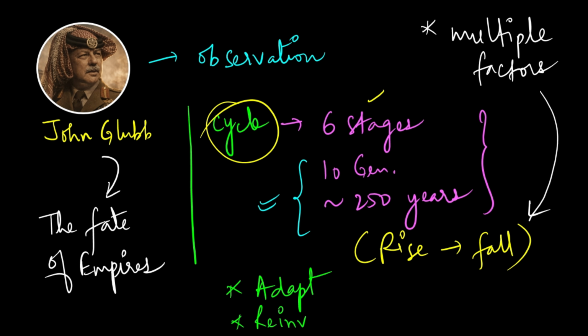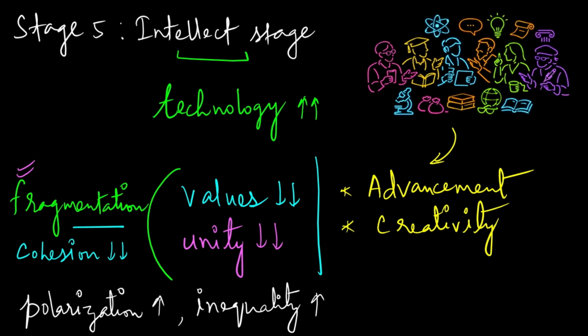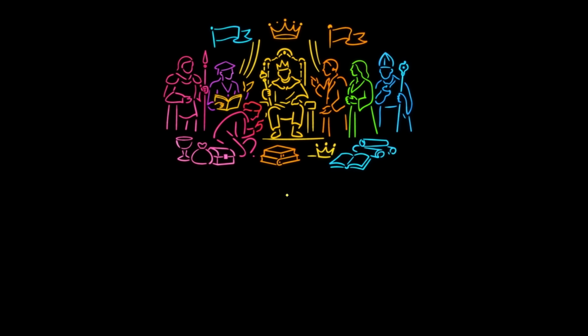It is also not necessary that advanced and intellectual societies always move toward decay. Advanced societies can also be innovative, resilient, and peaceful. Therefore, Glubb's theory certainly describes a pattern, but it cannot precisely predict when an empire will decline. Many empires recover after crisis. Many empires also reinvent themselves technologically and politically. Therefore, history is not always linear.